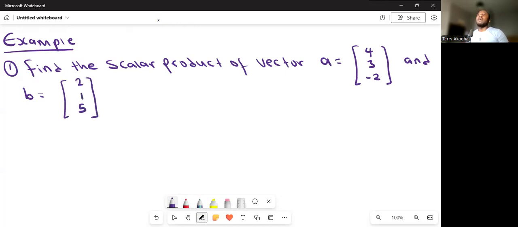Okay, so they want to find the scalar product. So basically what they are looking for is A dot B.